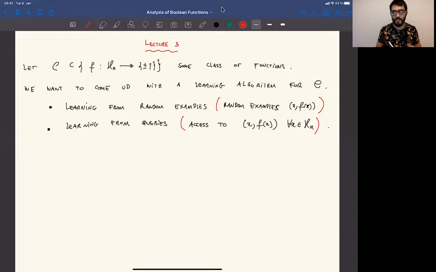In this class, I will be focusing on the first, and I will leave as a reading exercise to learn about the second type of learning algorithm.